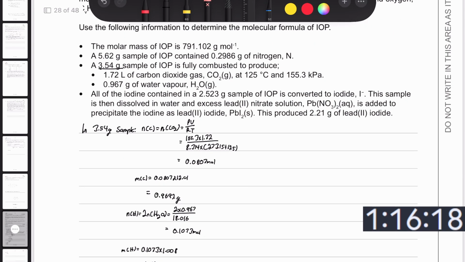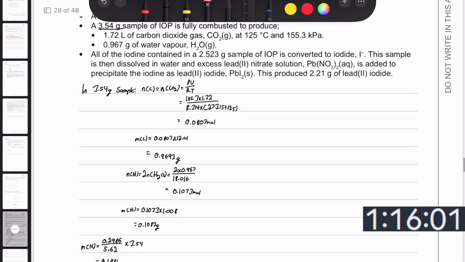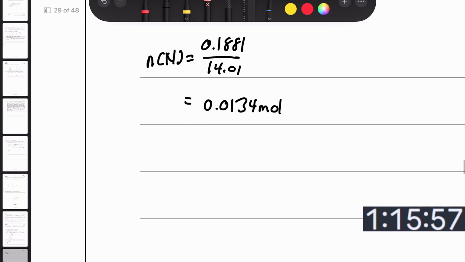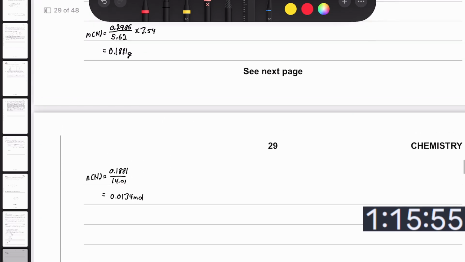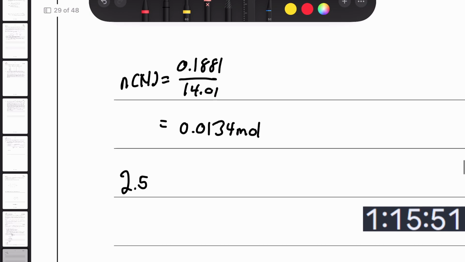All the iodine contained is converted to iodide, dissolved in water and excess lead nitrate is added to precipitate the iodide as lead 2 iodide. This produced 2.21 grams of lead 2 iodide. So we have Pb(NO3)2. So I'm just going to write here on the 2.5 to 3 gram sample.